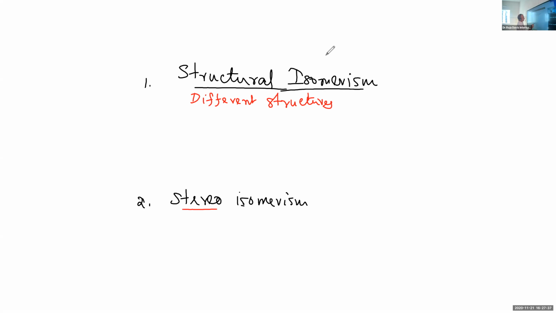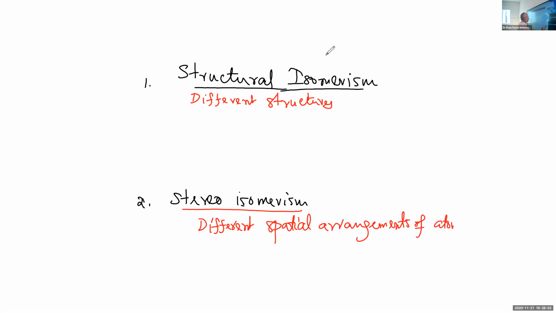But in stereoisomerism, here also the isomers have the same molecular formula, but they have different spatial arrangements of atoms, different positions in space. The atoms are arranged at different angles.